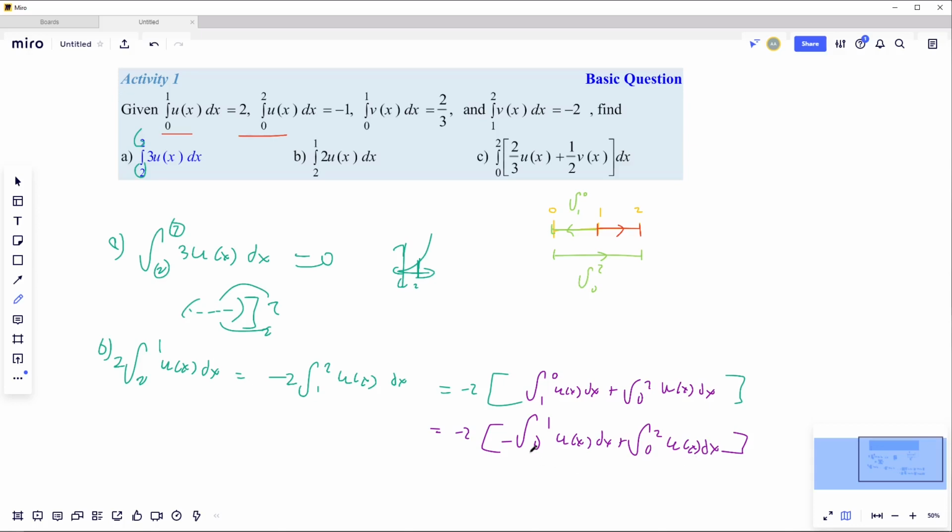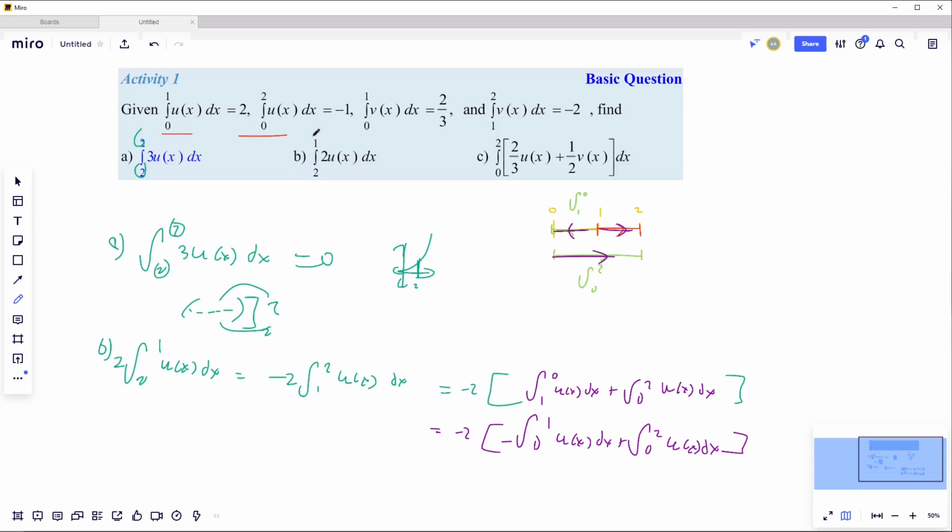So now, do we have what we want? Let's read it like this. We're going from 0 to 1, and then add the negative of that. So you reverse, and then you add to it from 0 to 2. So you get this in the end, and then you multiply by minus and by 2, because that's what they want.